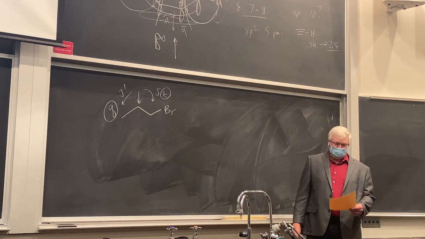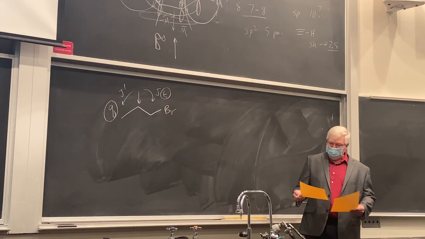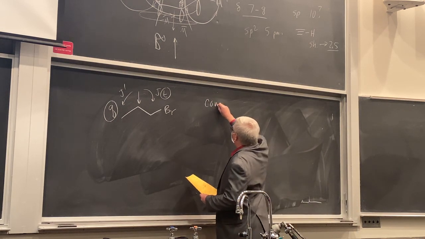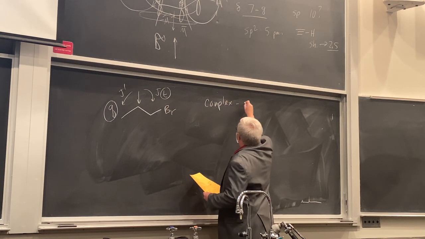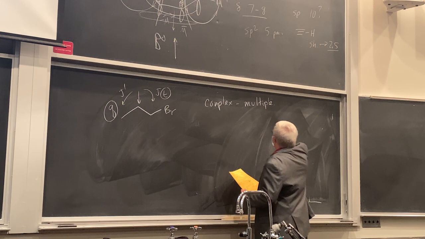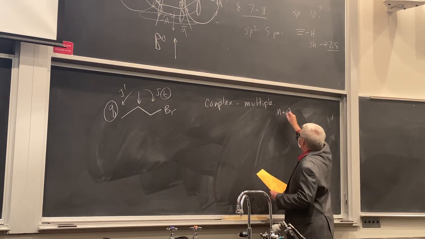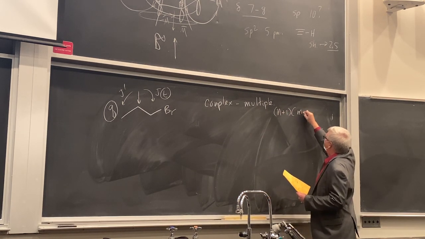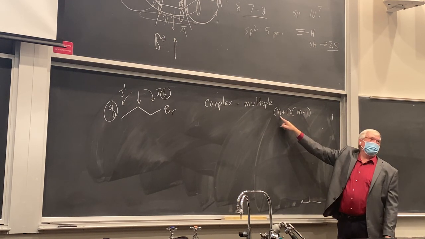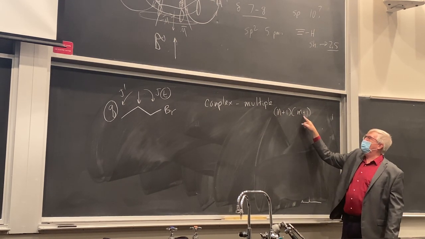And that's a complex pattern that can be a little bit tricky to figure out. When it's complex, we mean it has multiple coupling partners, okay? And it's the n+1 times the m+1 rule, where this is the one non-equivalent set it's coupled to, and this is the other one here.